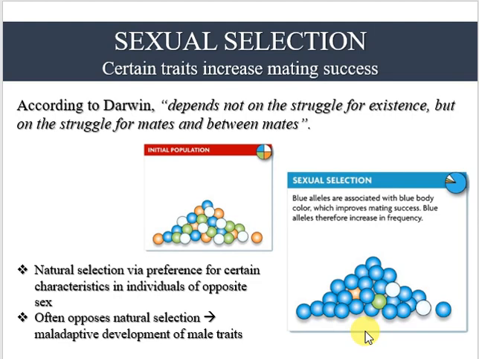Sexual selection was Darwin's second great insight, and he defined it as being rooted in the advantage of certain individuals over others of the same sex in respect to reproduction.